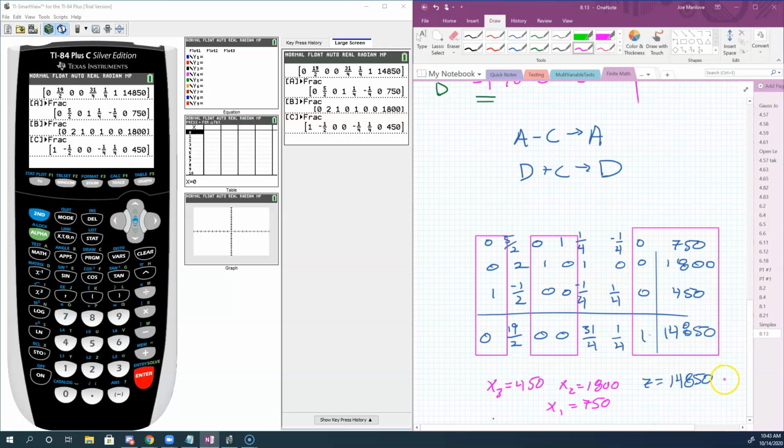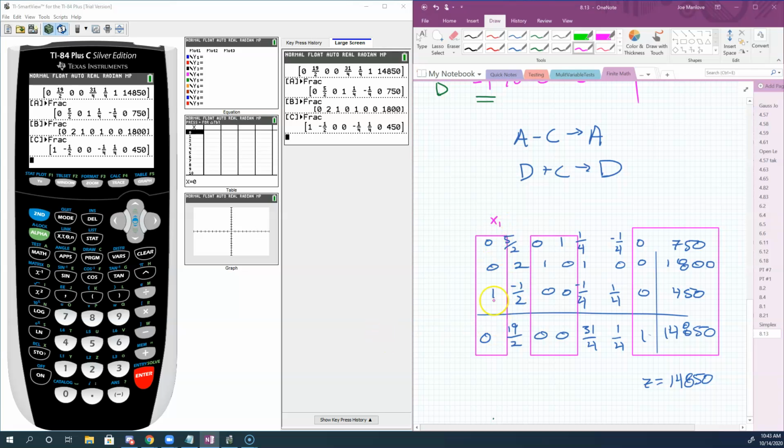No. Okay. Wait, no? X1 is 450. Oh, you're doing it right, not wrong like me. X3 is 1800, and then Y1 is 750.